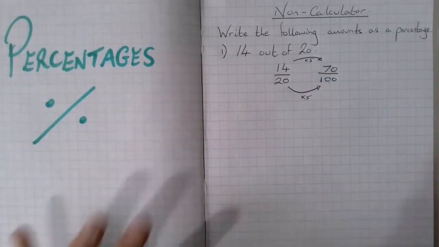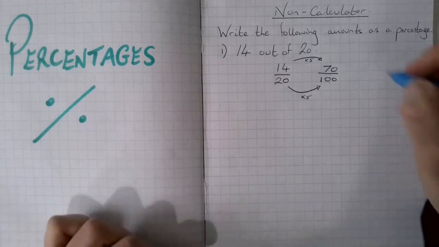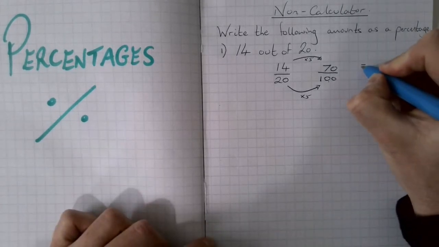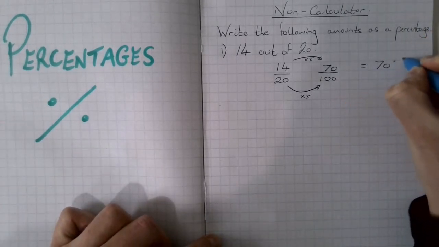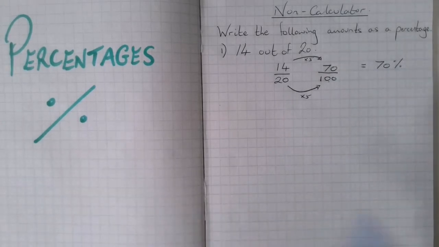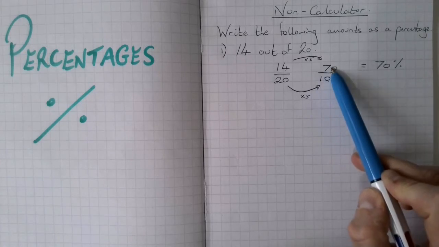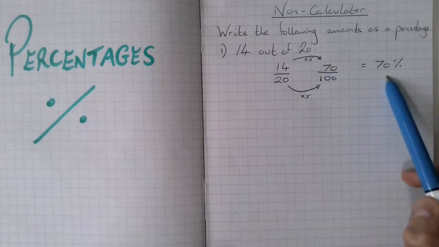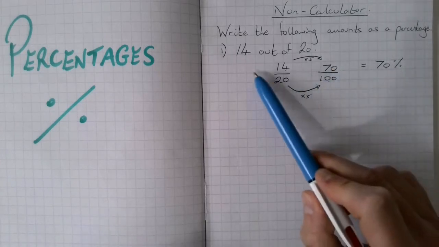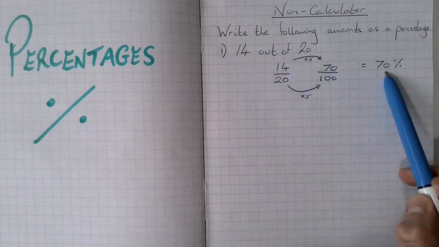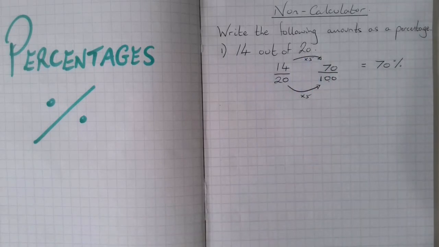We've got 70 out of 100. And therefore, as a percentage, that is simply 70%. So as soon as we've got a fraction with 100 on the bottom, then whatever my numerator is, that's the percentage. So I could say that 14 is 70% of 20.